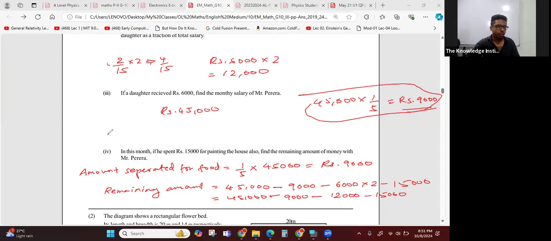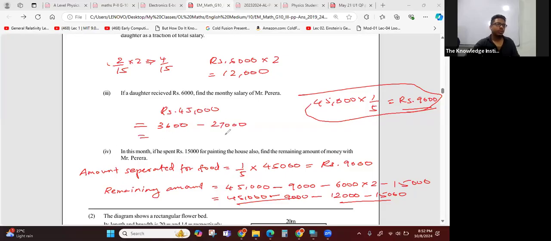I do the remaining simplification here. The balance is 45,000 minus 9,000, which is 36,000. And if you simplify these two, minus 12 and minus 15 will be minus 27,000.